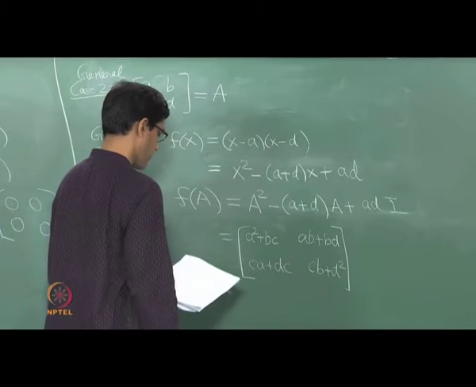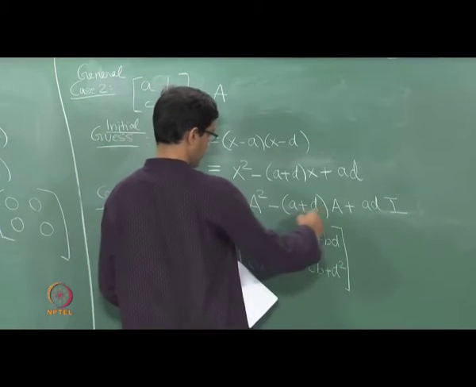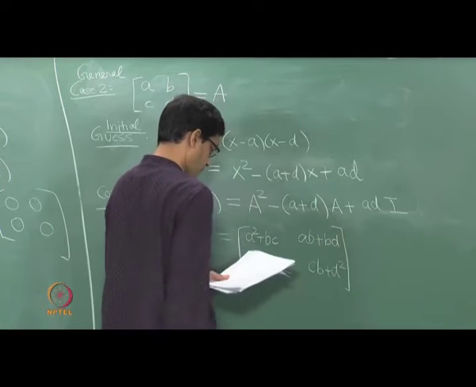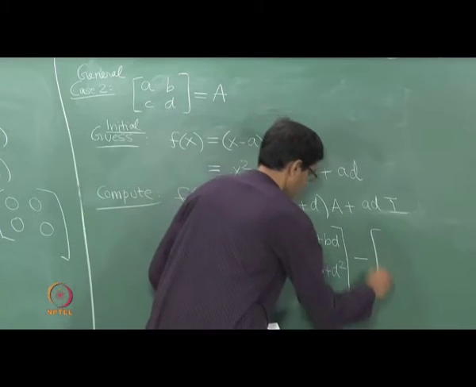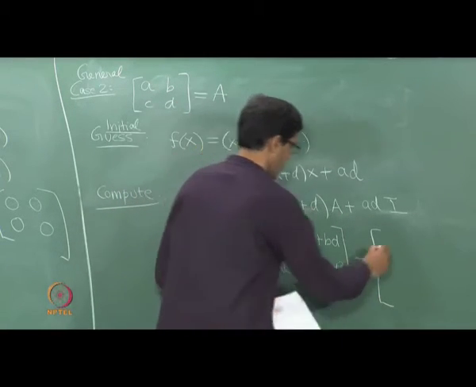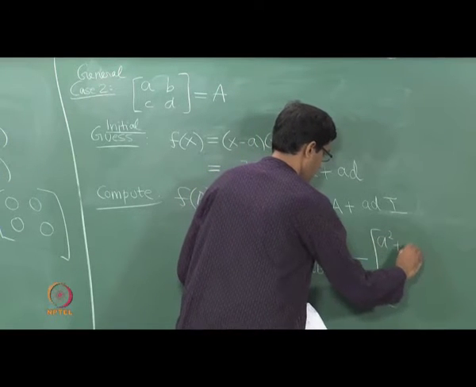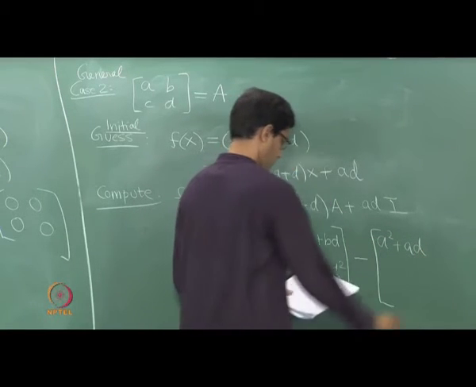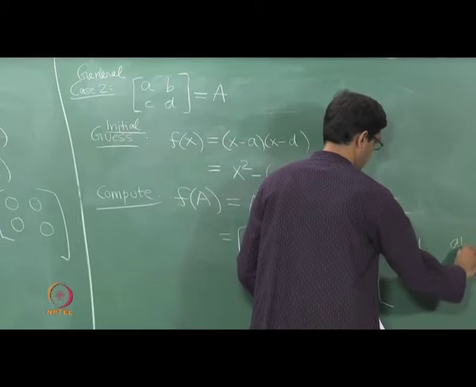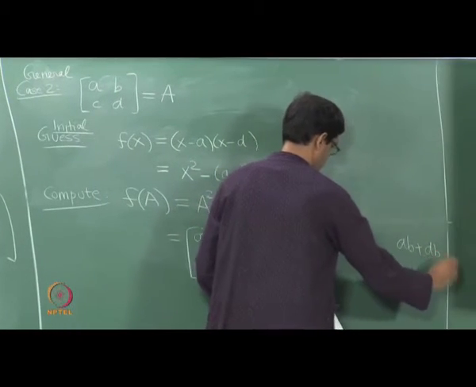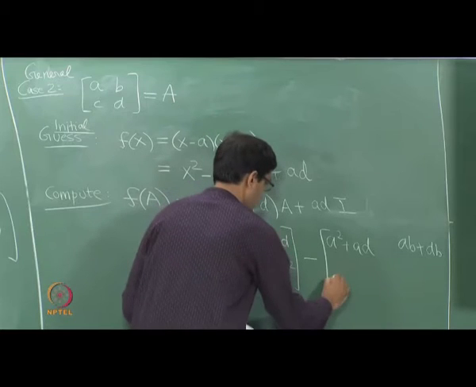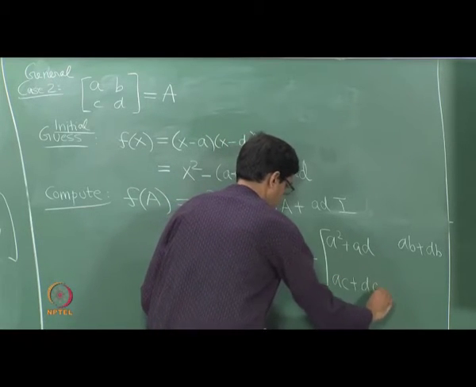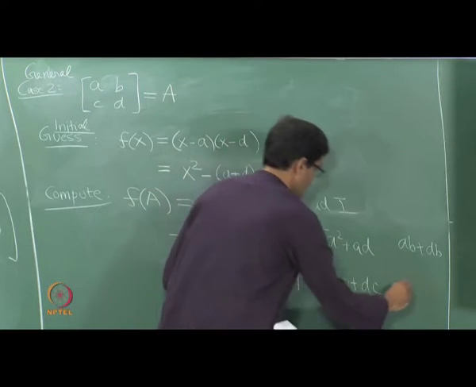So, that is just the square of A, and the second term in which you multiply each entry of A with a plus d looks like, so this is minus a squared plus ad, ab plus db, ac plus dc, and ad plus d squared.